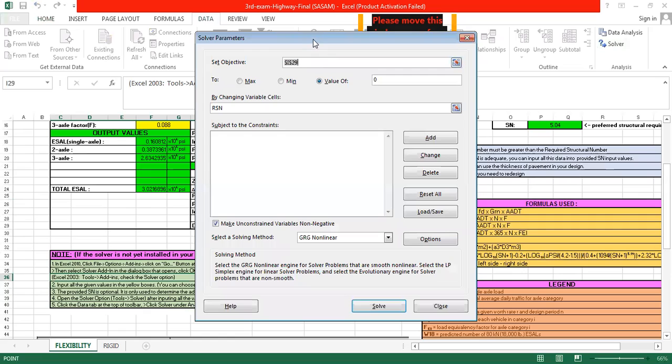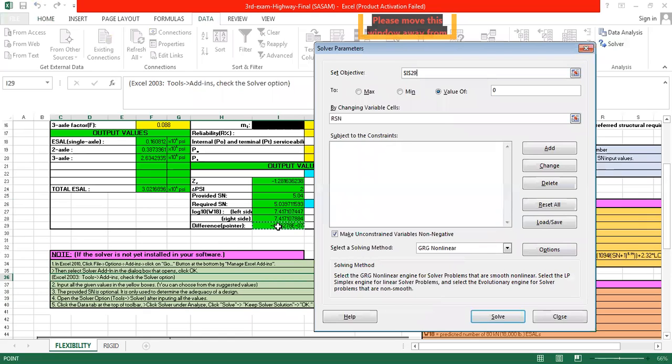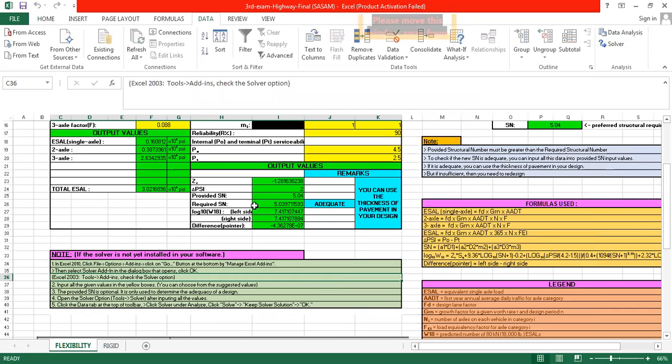Then indicate which one you want as the objective, which is the difference, then the required SN, then click Solve, and then click OK. So this one, it will result to this one. Knowing that the provided SN is greater than the required SN or is just equal, then it means it is adequate.